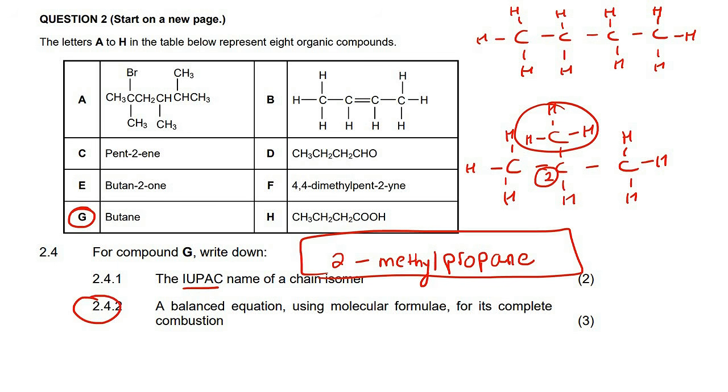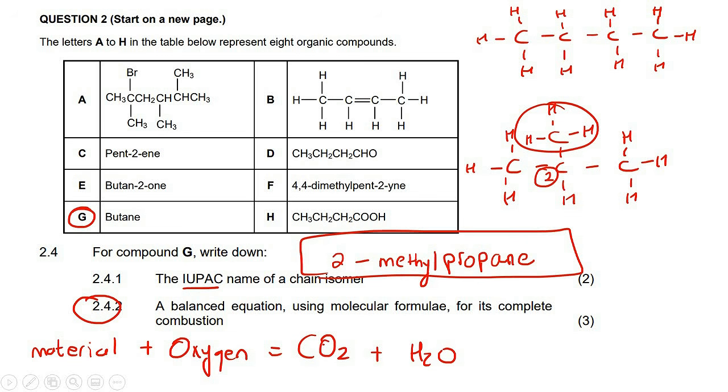This question says a balanced equation for the complete combustion. You need to understand that combustion is when you take a certain material, you react it with oxygen, you produce carbon dioxide and water. That is what combustion is. Whether the starting material is an alkane, alcohol, alkene, it doesn't matter.